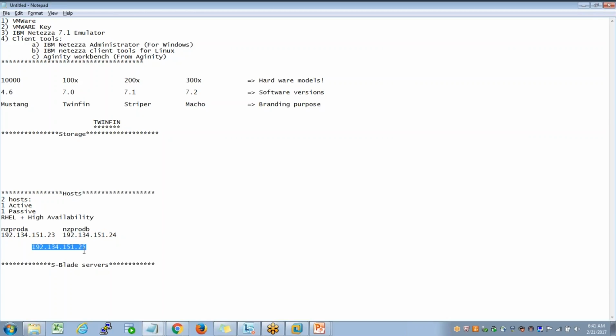This IP is the only thing that you see. It connects to whichever is the active host, right? It's not continuous availability. It's not like a failover where you can't see the effect. There is a downtime. If this host goes down, there is a downtime for you to switch from nzprod-A to nzprod-B. There is a switch.